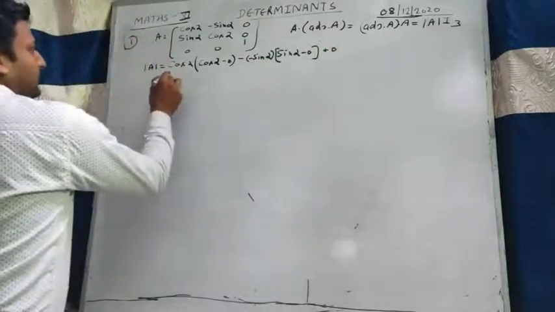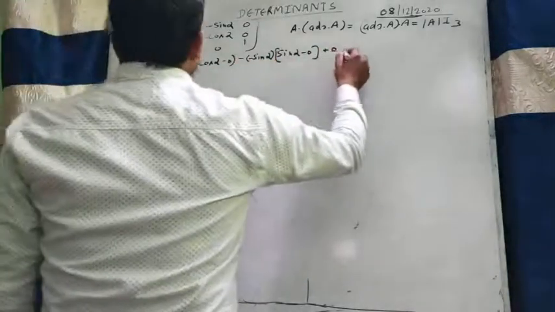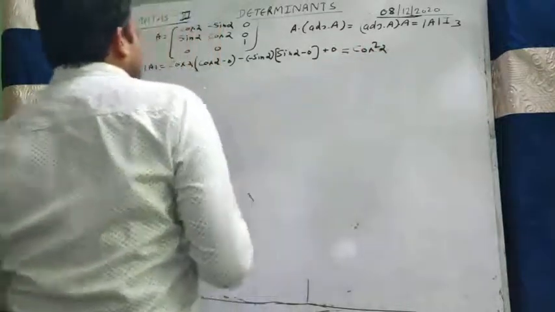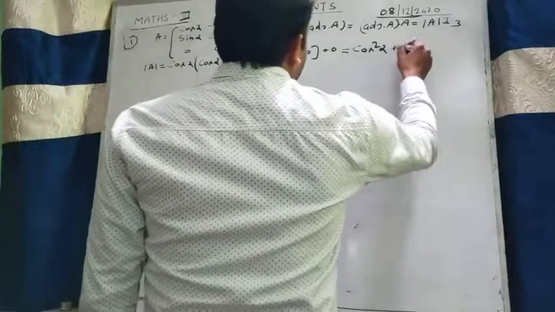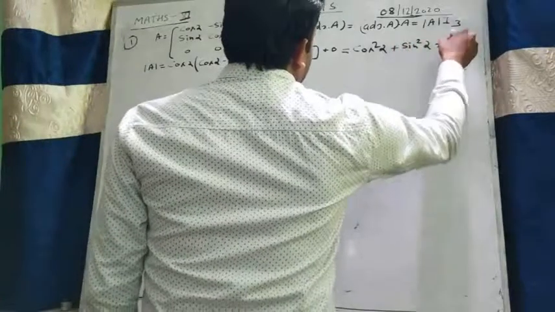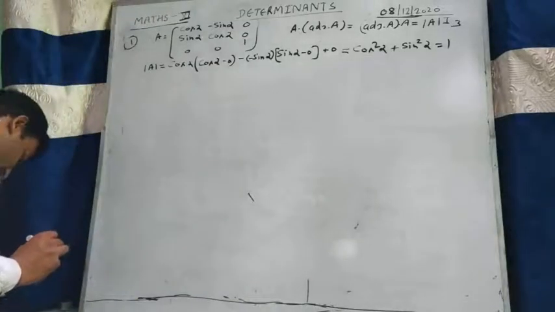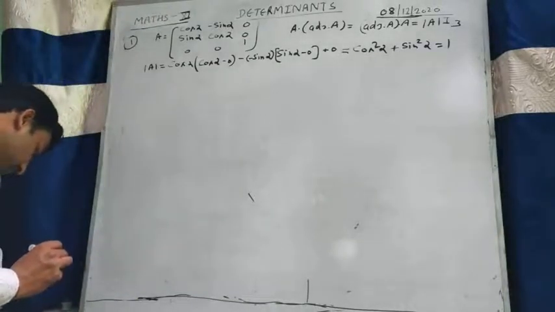So after solving we will get cos square alpha plus sin square alpha, which is equal to what? So our determinant of A is 1 from here.